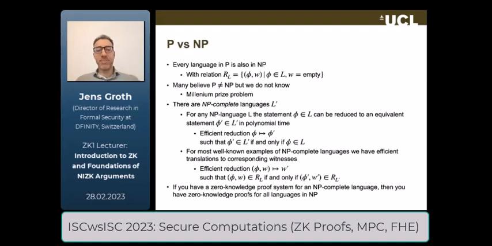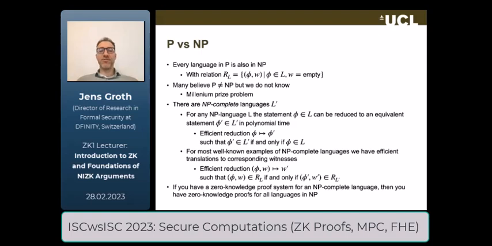Any NP language reduces to an NP complete language. And for all the examples I know of NP complete languages, there are also matching translations of the witnesses. So if you have a witness in an NP language, you can also reduce that to the NP complete language and get a witness for the same reduced instance.